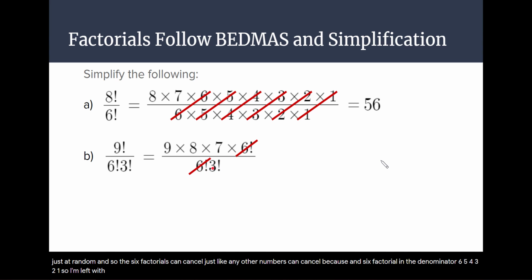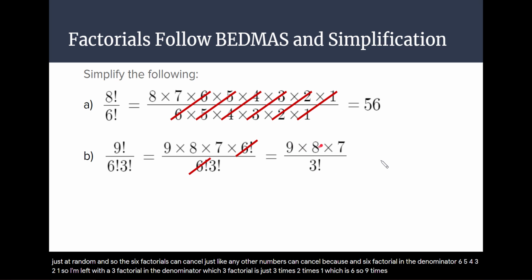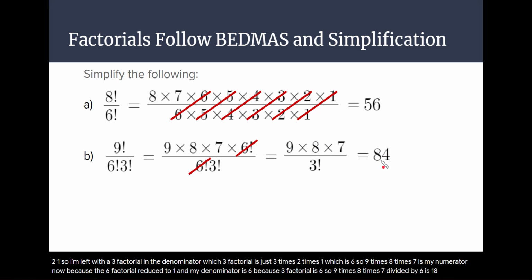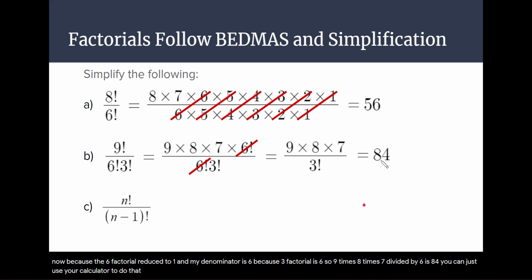So I'm left with a 3 factorial in the denominator, which is just 3 times 2 times 1, which is 6. So 9 times 8 times 7 is my numerator now because the 6 factorial reduced to 1. And my denominator is 6 because 3 factorial is 6. So 9 times 8 times 7 divided by 6 is 84. You can just use your calculator to do that. We can do this with any number. As a matter of fact, it doesn't have to be numbers.